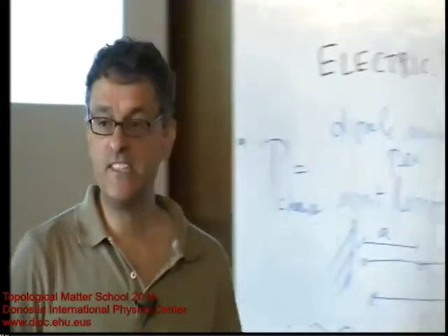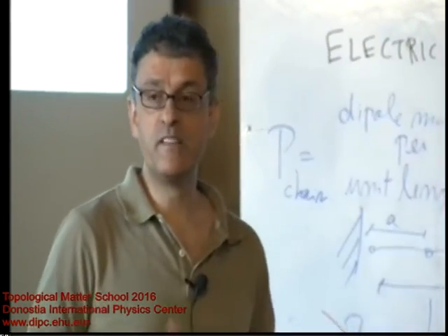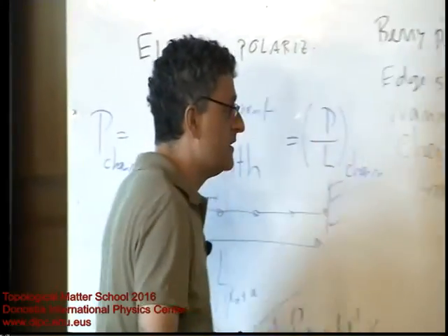So let's try a different approach, which is very physical. The bulk limit is called the thermodynamic limit, which is where you take a finite system and you make it very large.